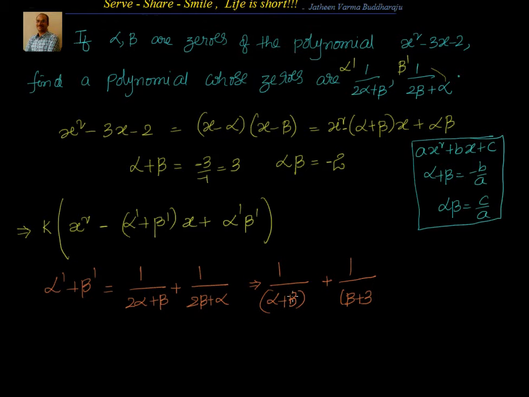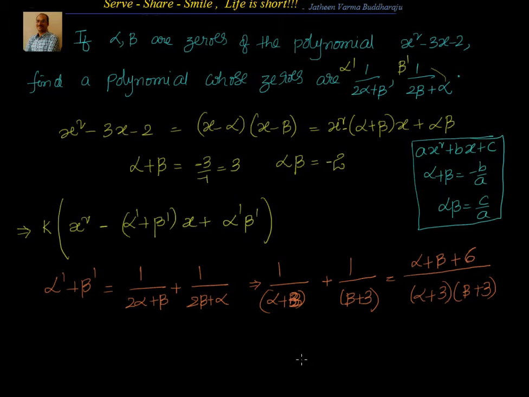So we have alpha plus 3 and beta plus 3. If I take the LCM of that, I will have alpha plus 3 into beta plus 3 in the denominator, and in the numerator I will have alpha plus 3 plus beta plus 3, that's nothing but alpha plus beta plus 6.